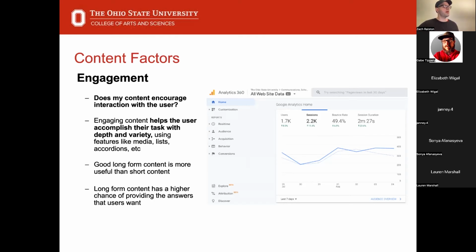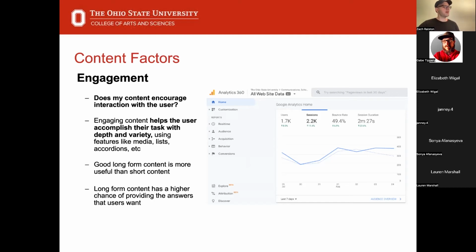A good rule of thumb is that good long form content is more useful than short-term content. And it circles back to usability. A lot of these factors circle back to another one: usability, relevance, things like that, it all keeps coming back.